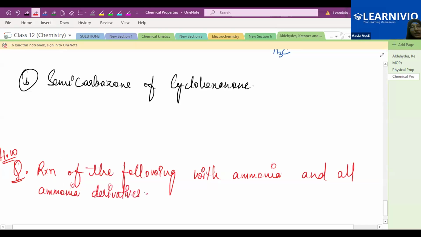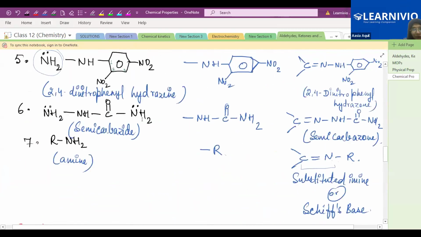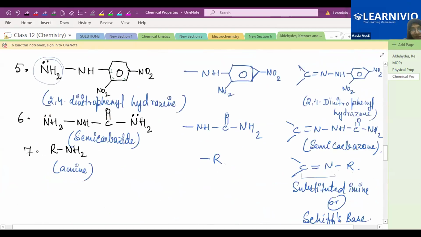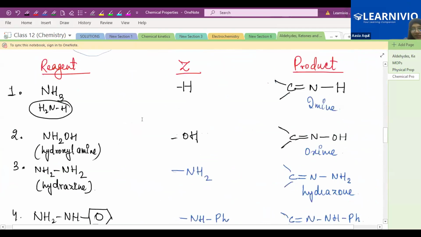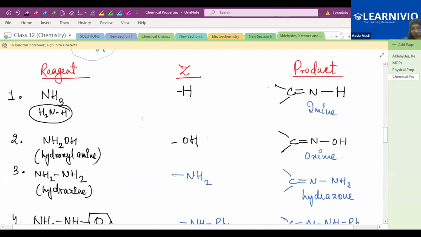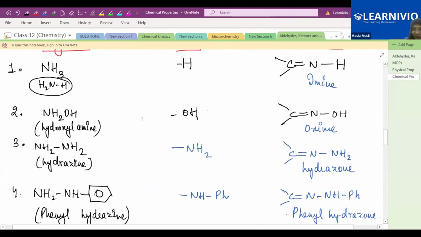Ammonia NH3 and ammonia derivatives. Whatever I have just discussed over here, all the derivatives, six or seven derivatives मैंने discuss किया ammonia का. These are the derivatives of ammonia. NH3, NH2OH, आपको NH3 के साथ पहले show करना है reaction of some compounds, whatever I give you in the homework.